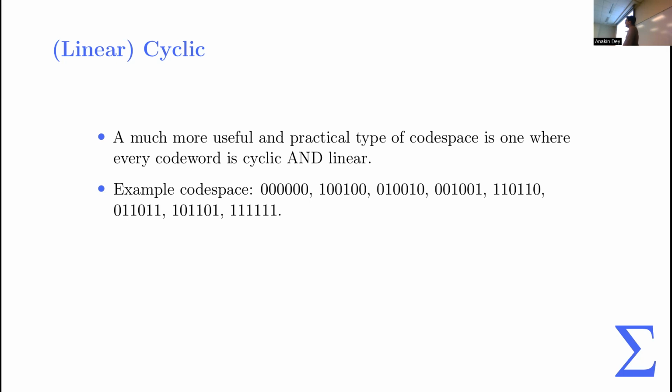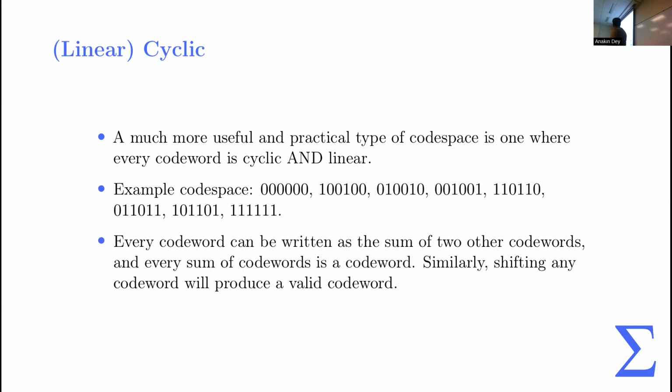With linear cyclic codes, you can't write any message as the shift of another message. You can take a code, shift it, and get a valid code, but that doesn't imply the other direction. Every sum of code words is a code word, and shifting any of these is going to give you a valid code word.